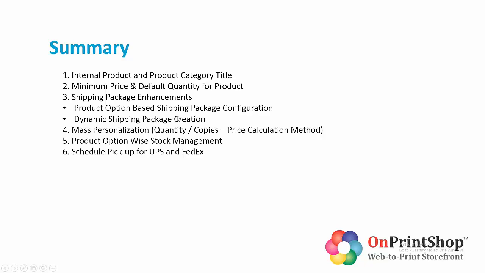What does dynamic shipping package creation mean? Let's say you have received two products in a single order, and you want to generate two separate shipping labels for both products. Let's say there is an order with a standard business card product and a letterhead product.